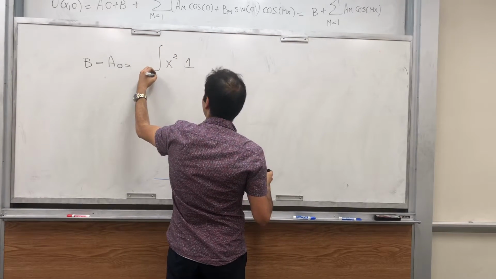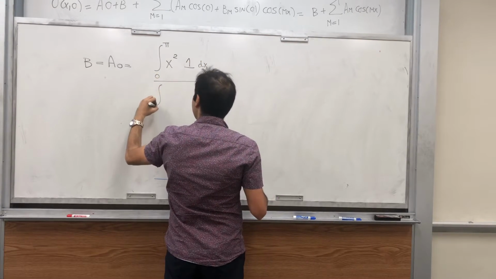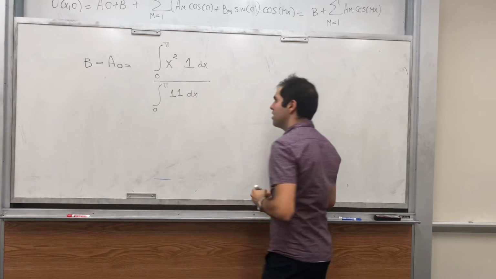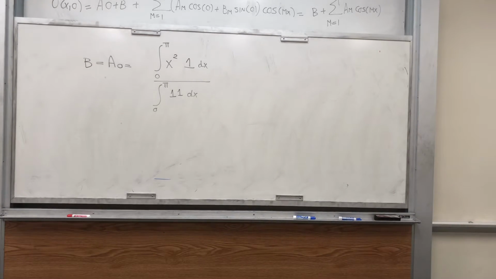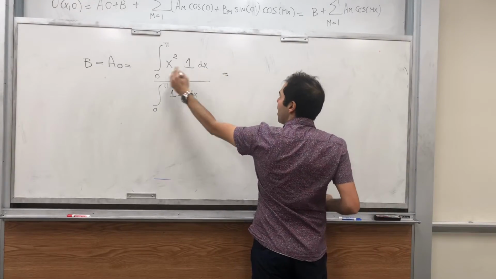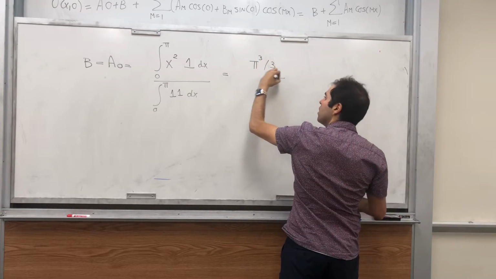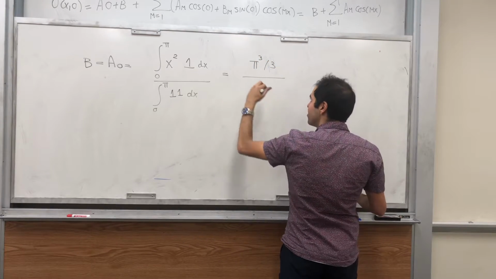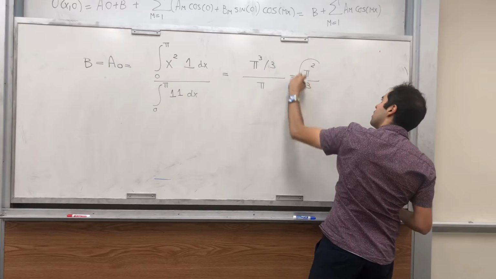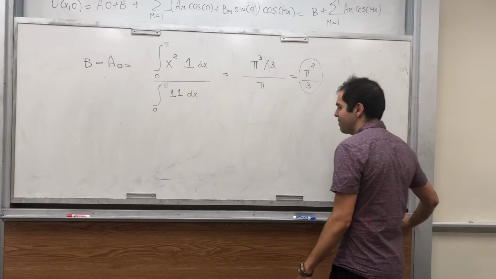You integrate that from 0 to pi, in this case, dx, over the integral from 0 to pi of 1 times 1 dx. It's like the orthogonality formula: x dotted with u over u dotted with u. It's the same thing. And so the integral of x squared from 0 to pi is pi cubed over 3, and the integral of 1 from 0 to pi is just pi, and therefore you get pi squared over 3. That's your first thing. And again, no silly dividing by 2.